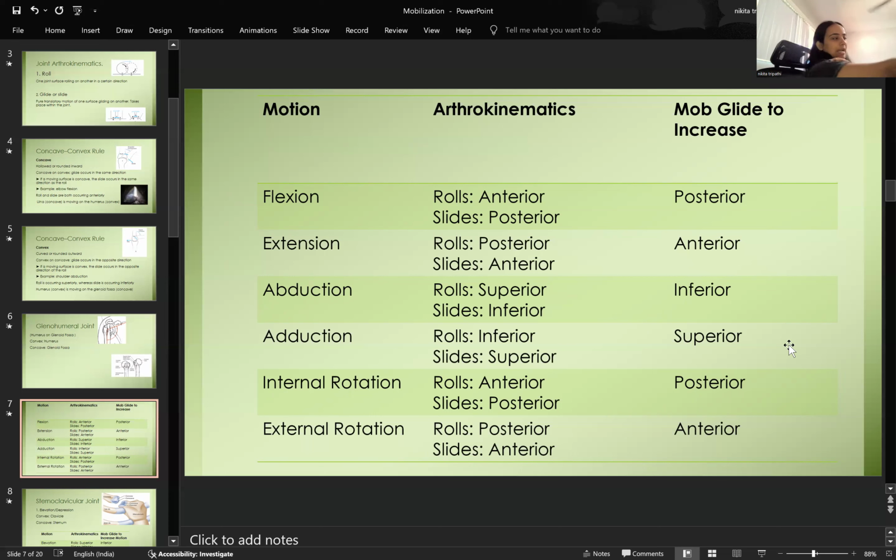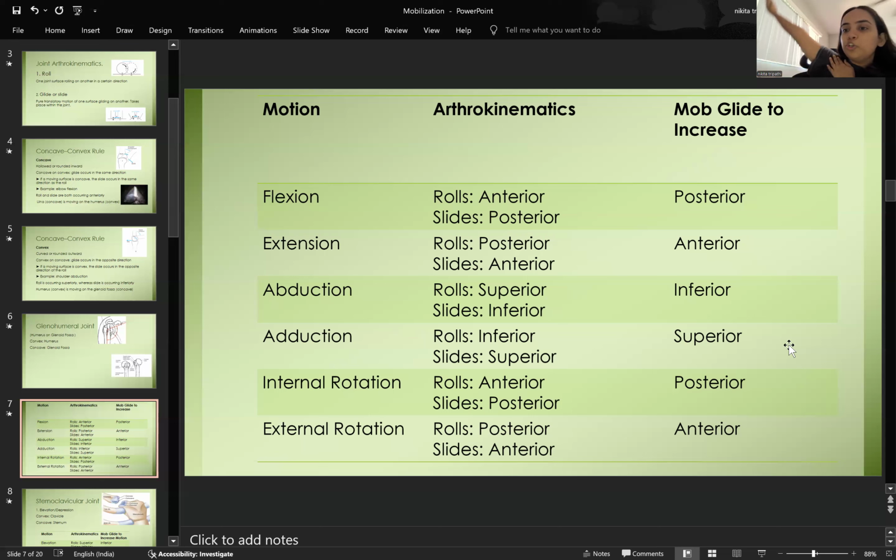So rolling and gliding are going to happen in the opposite direction, because convex is moving on concave. Which glide should I give the patient to increase flexion? Posterior, because my arm is moving anterior, so the glide goes in the opposite direction. I have to give a posterior glide to increase shoulder flexion.